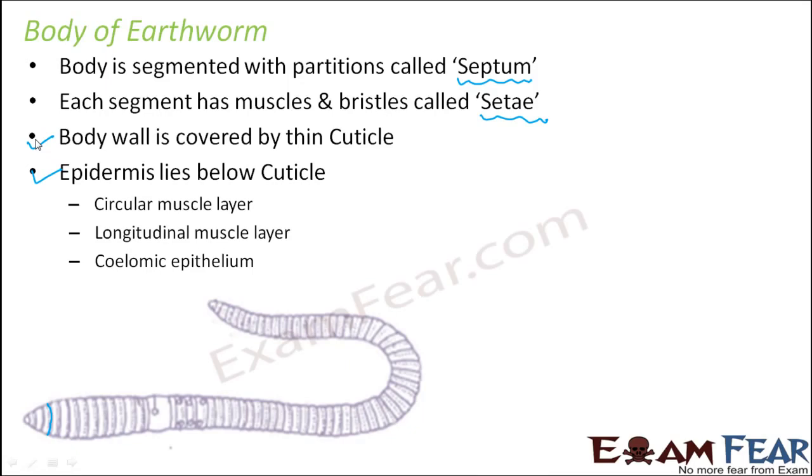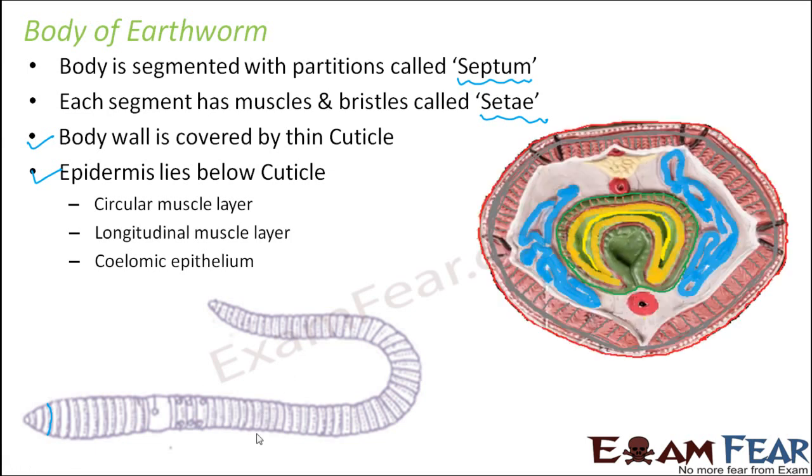Now talking about the three layers, how will you get to see these three layers? Let us suppose you observe a cross section of the earthworm. If you cut the earthworm from somewhere, say from here, and then try to observe its cross section, it will look somewhat like this. Looking at the cross section, you can see that there are three layers in the epidermis.